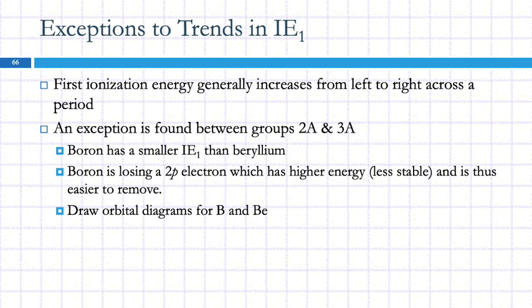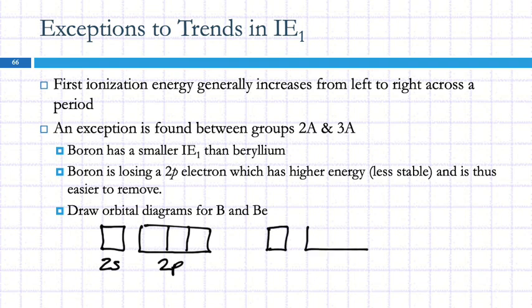Boron has 3 valence electrons, right? And beryllium has 2. So this is boron, and that's beryllium. Boron has 3, and beryllium has 2.